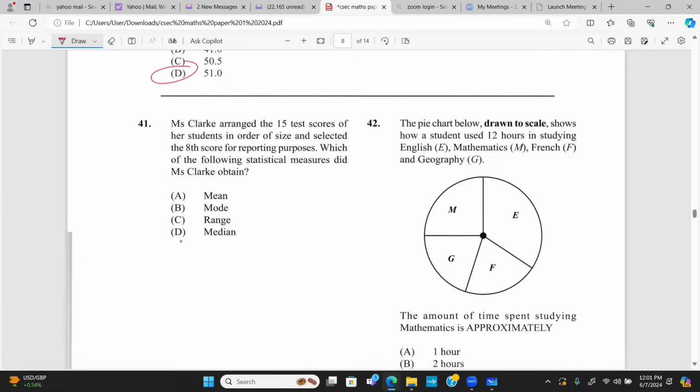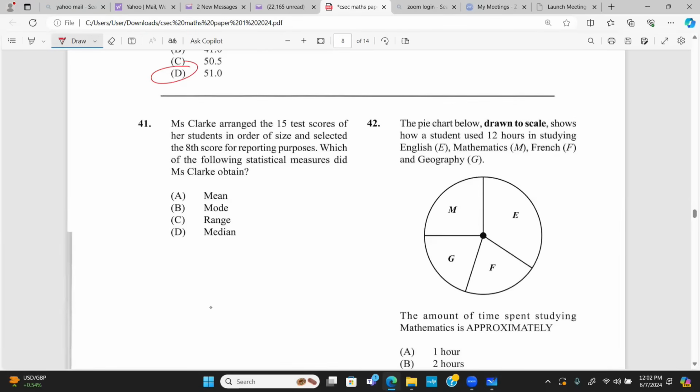Now, next question says, Miss Clark arranged the 15 test scores of her students in order of size and selected the 8th score. Which of the following statistical measures? So if 15 and you select the 8th, you're at the median.